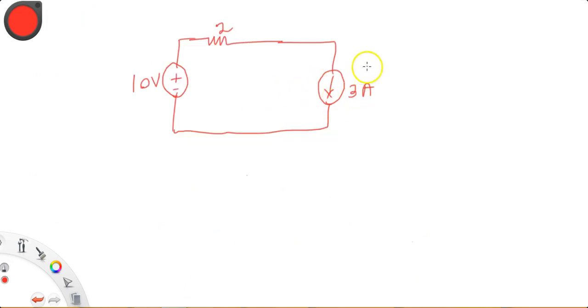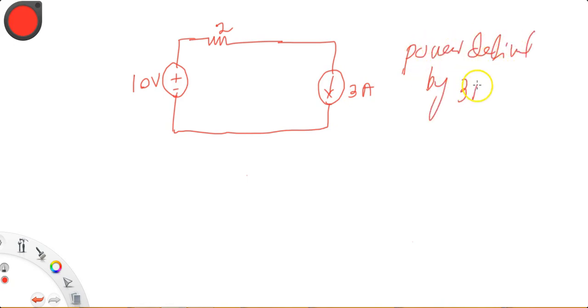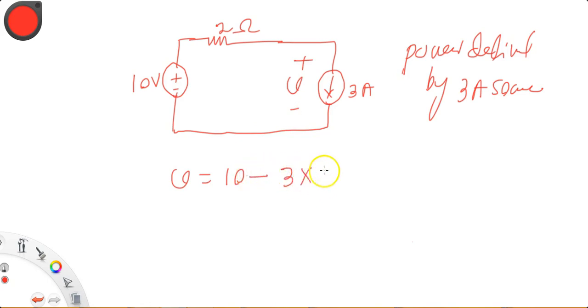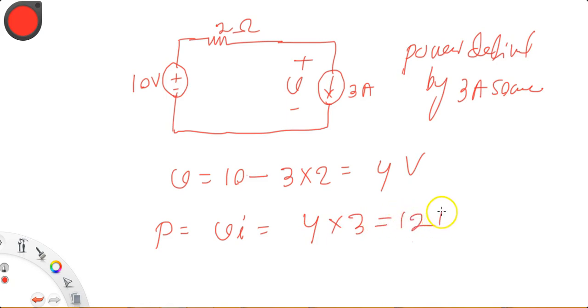Let us try this example. What is the power delivered by the 3 ampere source? We need to find the V. V will be 10 minus 3 into 2, that is 4 volt. By power conventions, P equal to VI, both are in the conventional directions. So V is equal to 4 and I is 3, that is 12 watt.